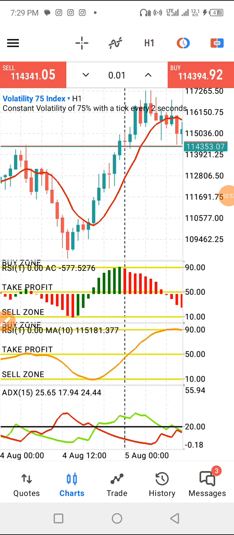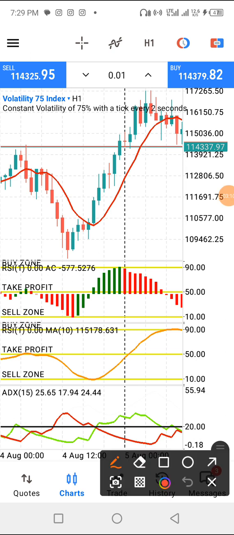Now for a buy setup, you just need three confirmations, the three golden confirmations for volatility 75 entry. The first confirmation is on your main chart. Once price crosses above your moving average, what we want to see is the window one.